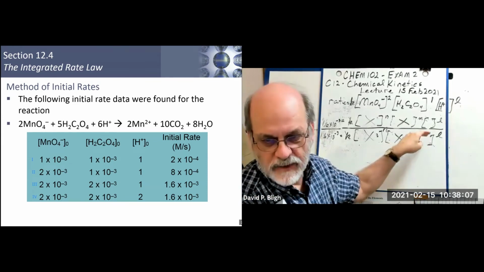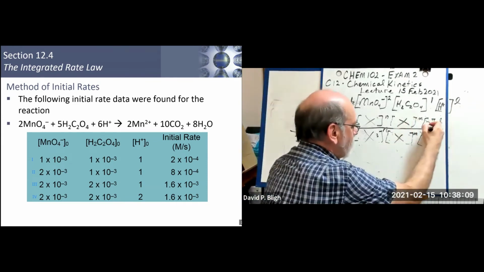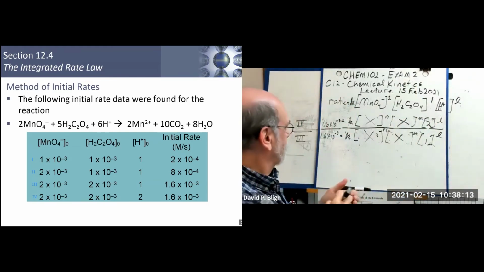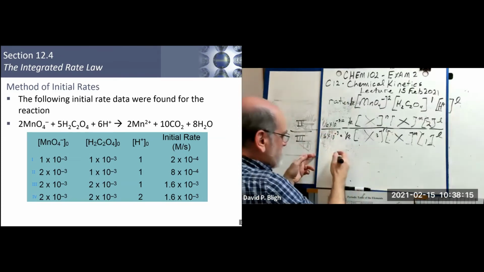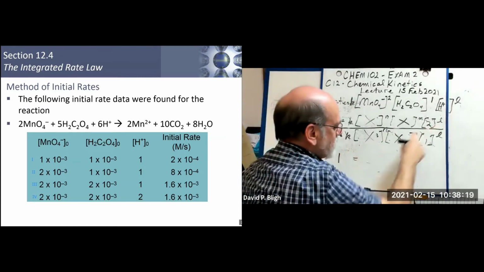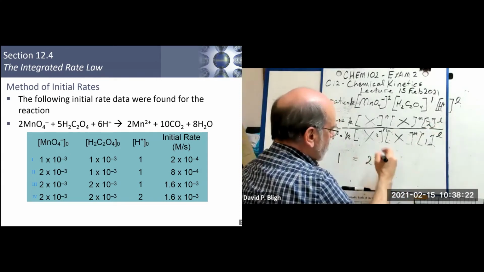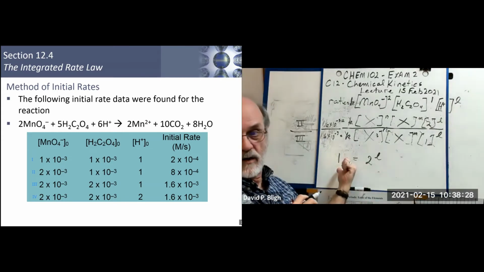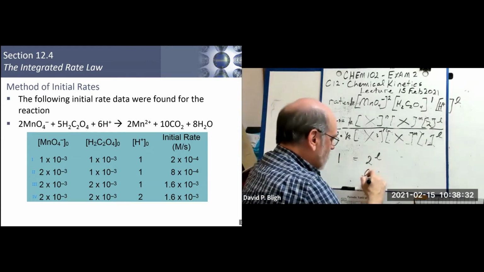Means that 4 on top is 2 here and 1 there. Okay? So again, this one is equal to 1, right? And this one is equal to 2 to the L power, right? So what does L have to be to make that power 1? L has to be 0. So L is equal to 0.